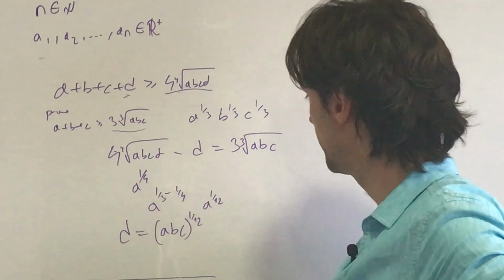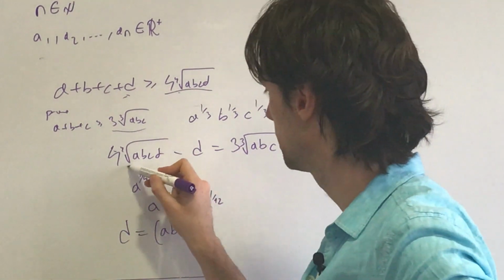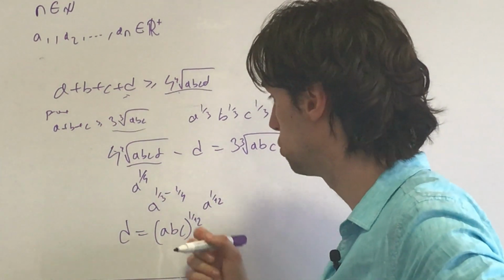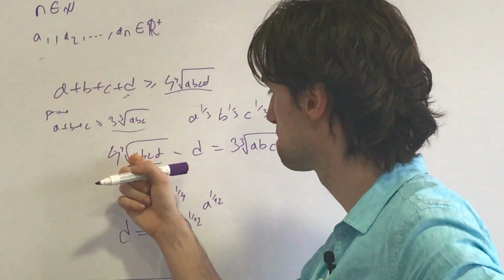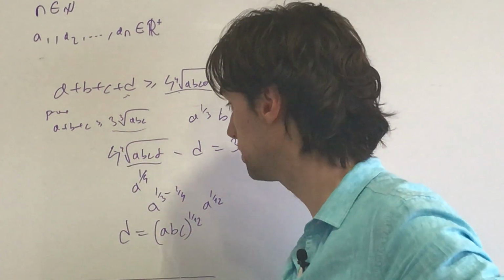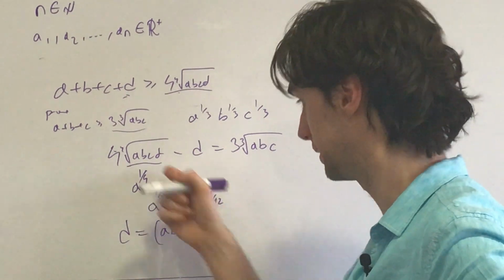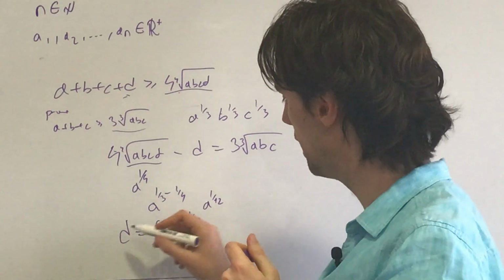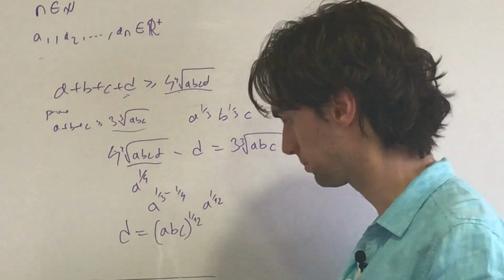Well, we get that this thing right here transforms into what? We get a to the power of a third, b to the power of a third, c to the power, like this, all transforms into. Actually, but wait, we have not really that.